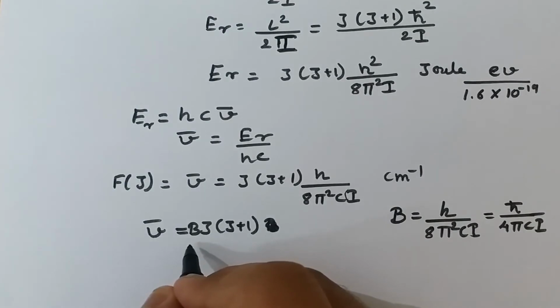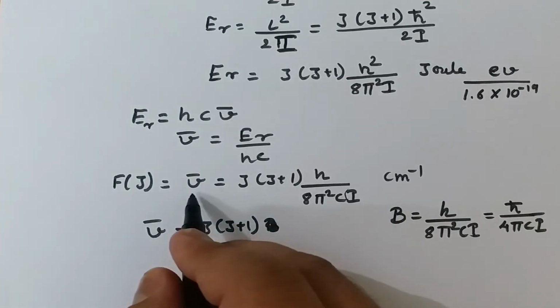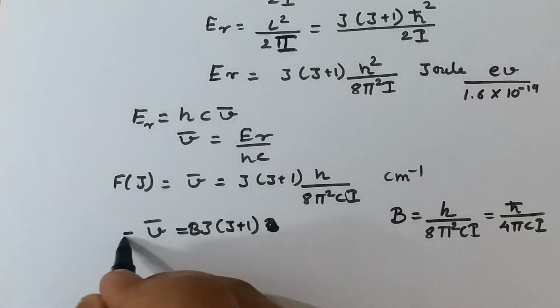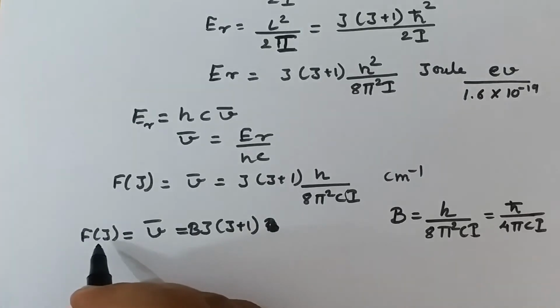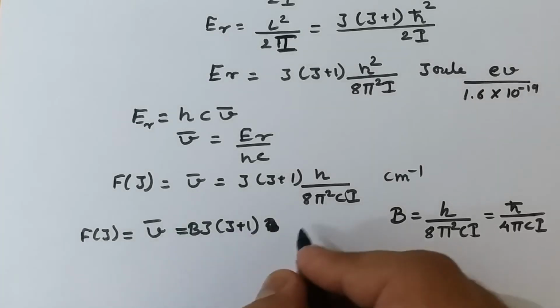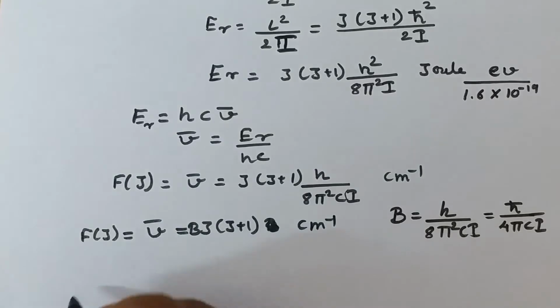B is our rotational constant, and μ bar is the rotational term, or as I have told, in many books it is written as F(J), that is function of J, and this function of J is our rotational term. Now we have our unit in centimeter inverse.